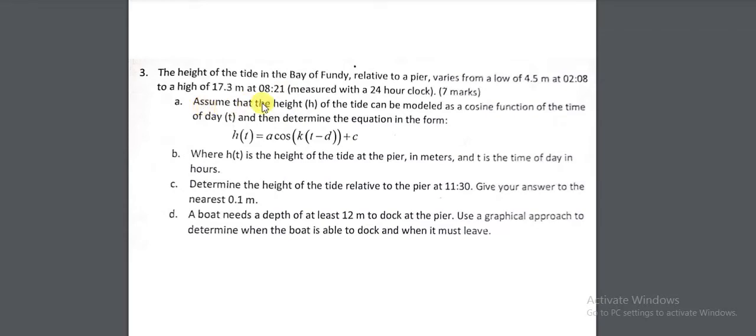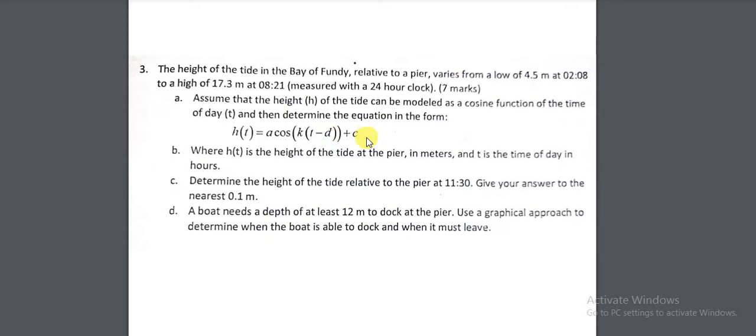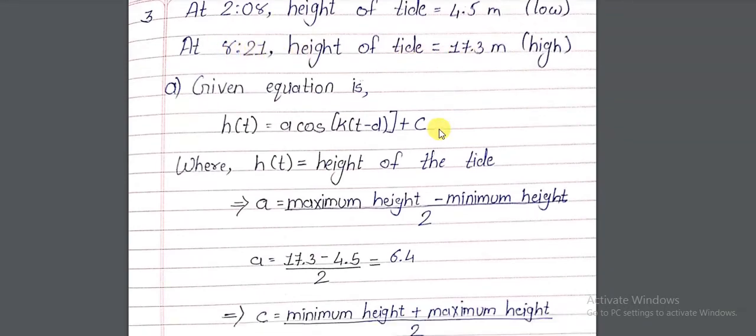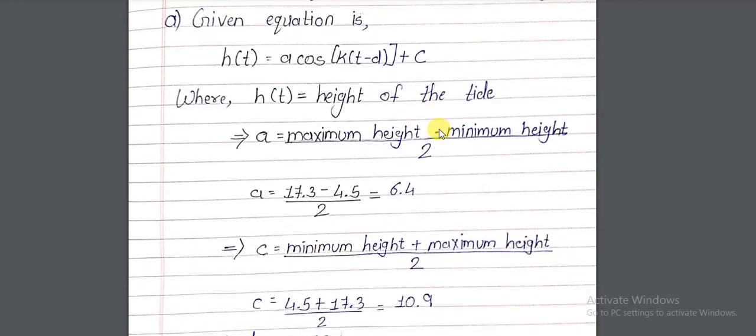Assume that the height of the tide can be modeled as a cosine function of the time of day, and determine the equation in the form h(t) = a cos(k(t - d)) + c. The equation is given, and at time 2:08 the height of the tide is 4.5 meters, and at time 8:21 the height of the tide is 17.3 meters.